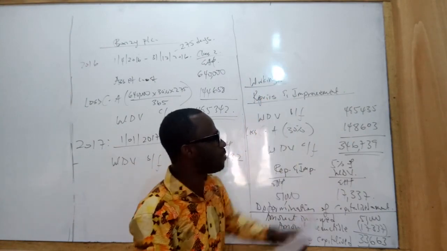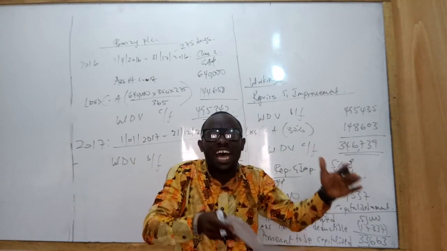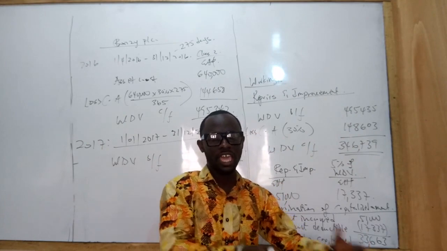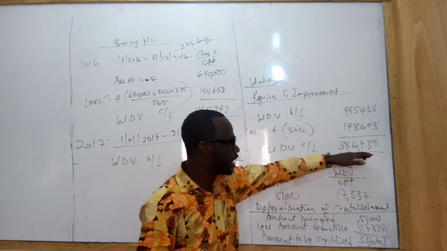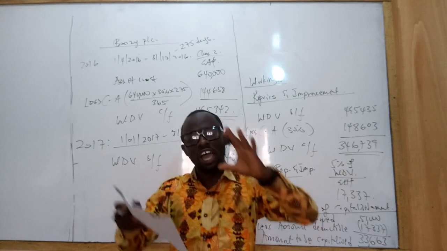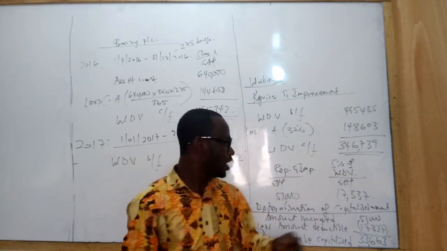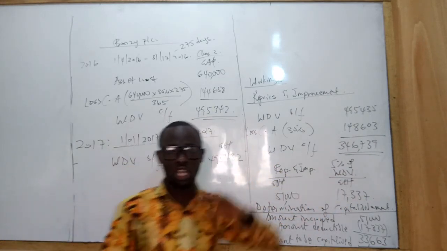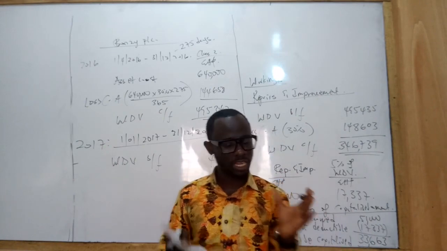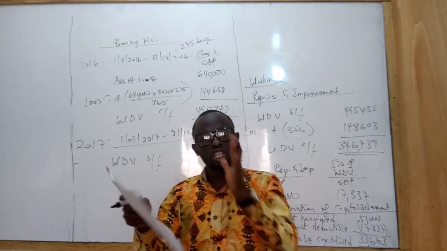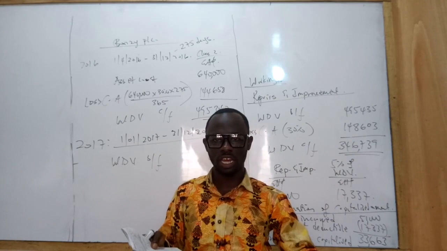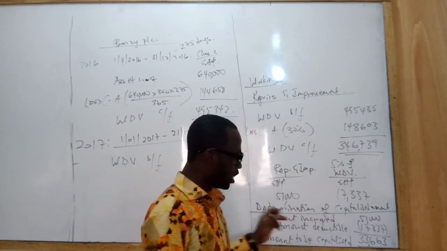So we need to first determine how much capital allowance would have been calculated for that year if not for the improvement. Then we get a written down value. Then we get 5% of the written down value. Then we compare that with how much repairs and improvement was paid. But we have to allow not more than 5% of the written down value. Boom, the difference will be capitalized.